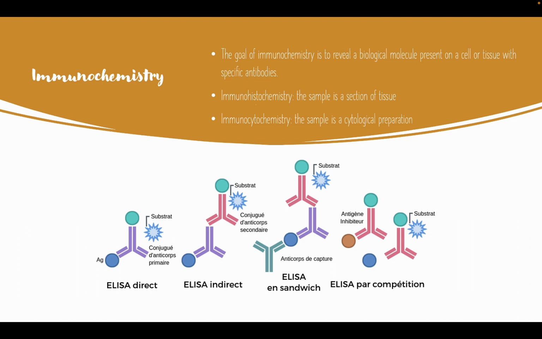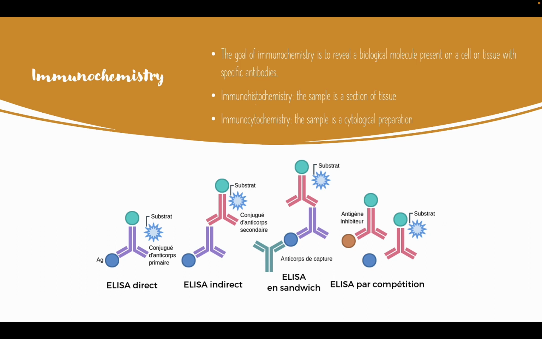But in immunocytochemistry, evidence comes from individual cells, like examining single puzzle pieces. The main idea is we are looking for certain molecules called antigens, like finding clues in our investigation. We use special tools called antibodies to help us.